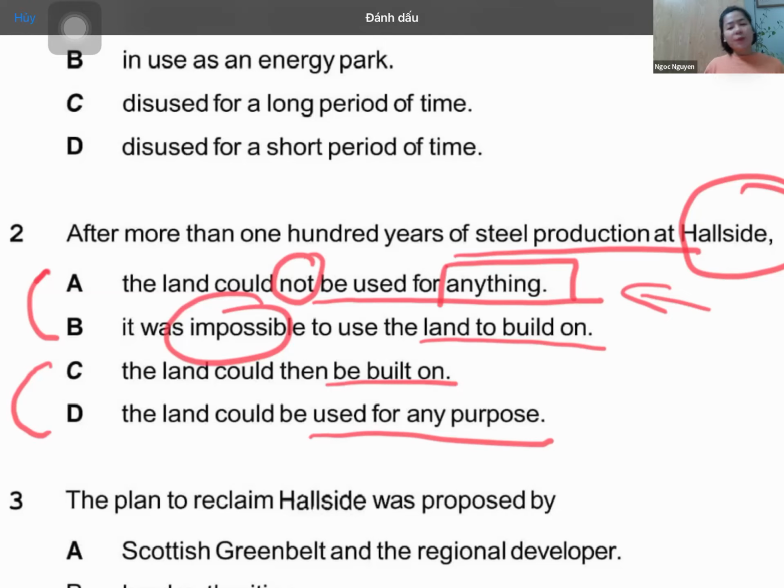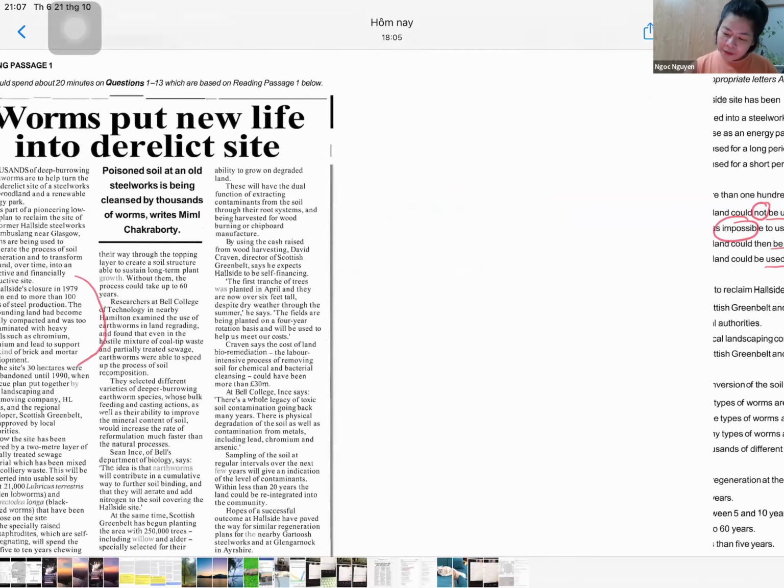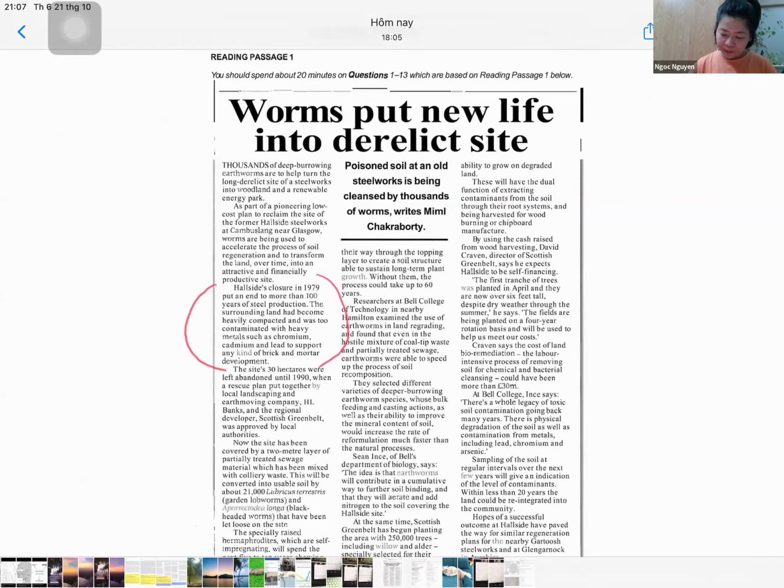Thế bây giờ chúng mình cùng xem 100 năm sản xuất thép tại Holside thì cái đất sau khi người ta sản xuất thép với một quãng thời gian dài như vậy thì chuyện gì xảy ra với nó nhá. Chúng mình sẽ nhìn thấy bắt đầu là việc đóng cửa, closure.